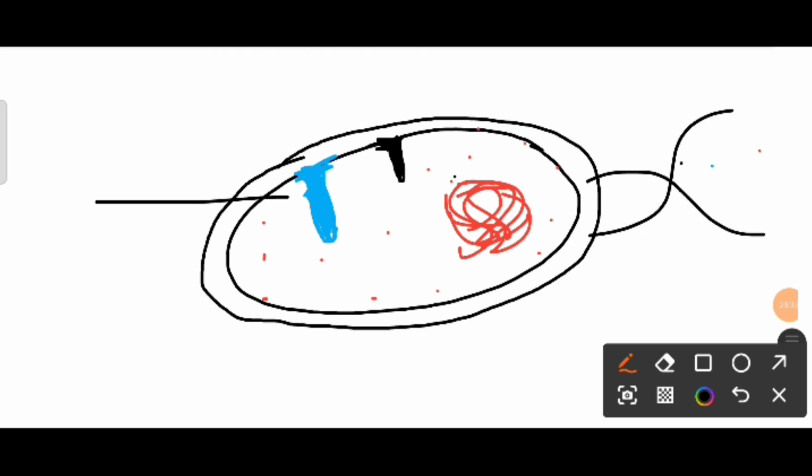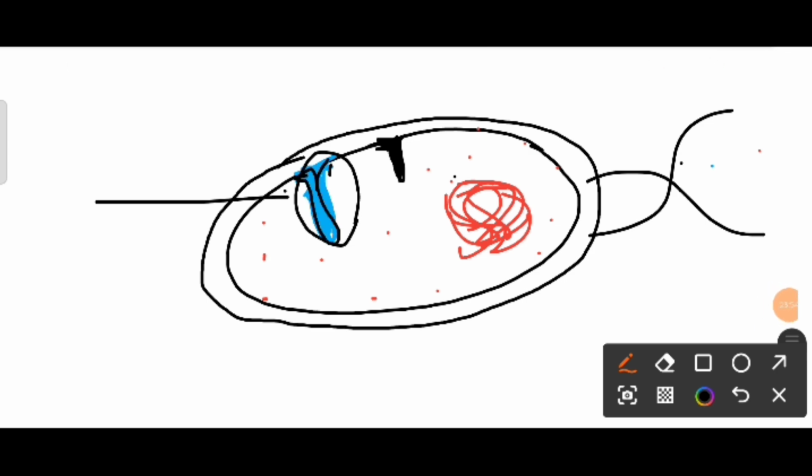This is a special extension from the cell membrane. You can see this is an extension from the cell membrane here. So this basically contains pigment, and it helps in photosynthesis.